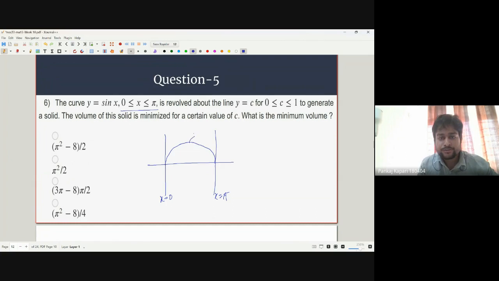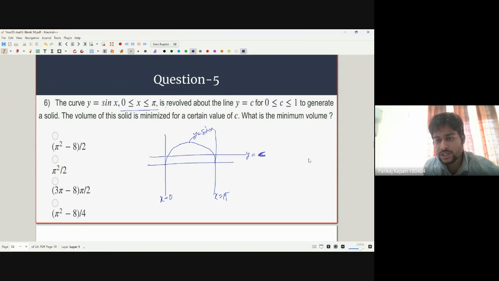So we are revolving this curve about the line y equal to c. So this is y equal to c, where c is some constant number.